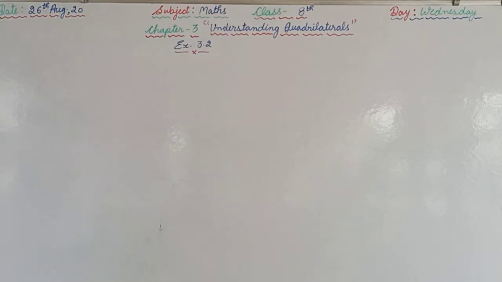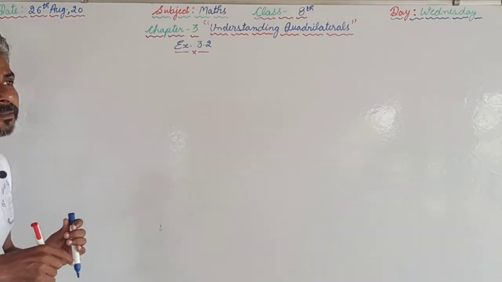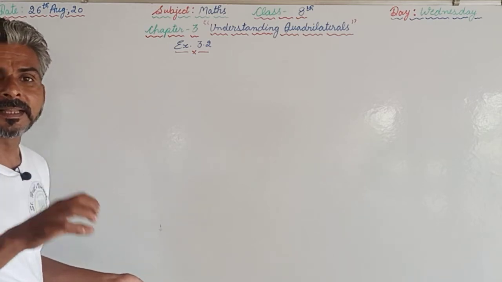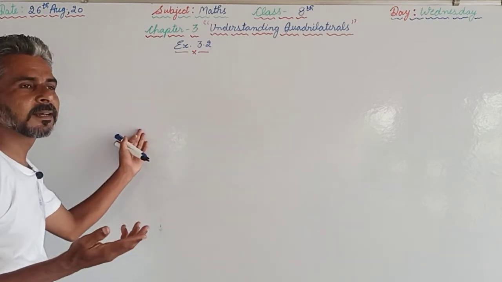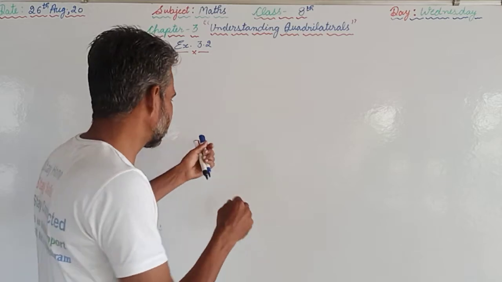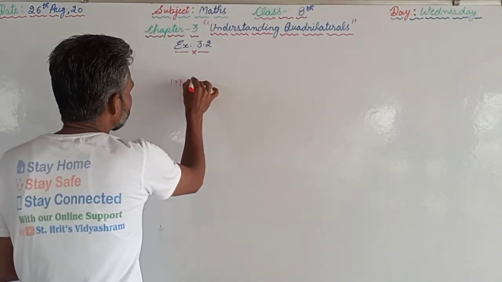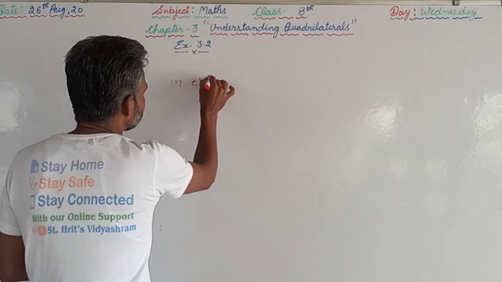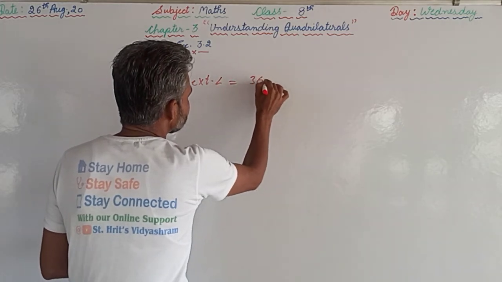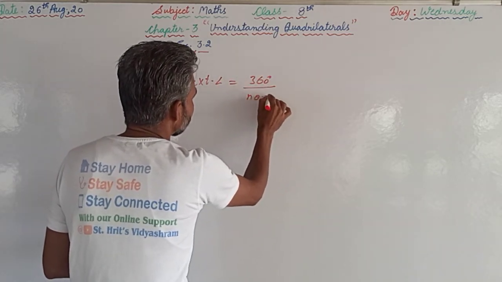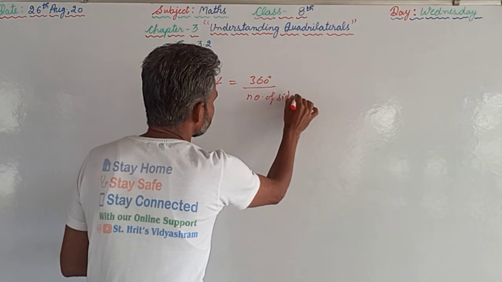The exterior angle will be maximum if the sides are fewer, because the measure of the exterior angle is given by the formula: measure of exterior angle equals 360, that is fixed, upon the number of sides.